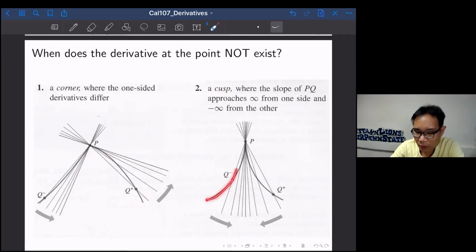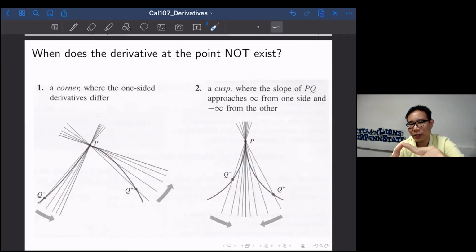So this one is called a cusp, and this one is called a corner.